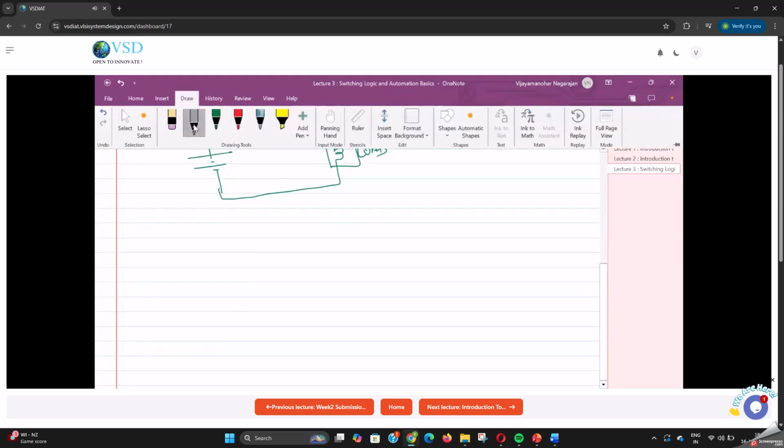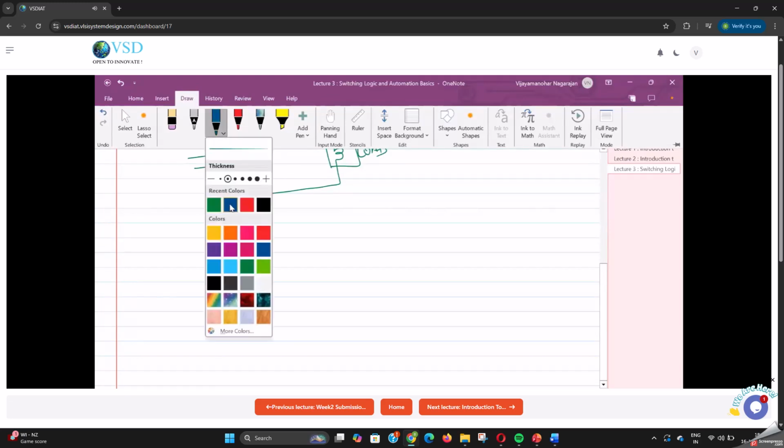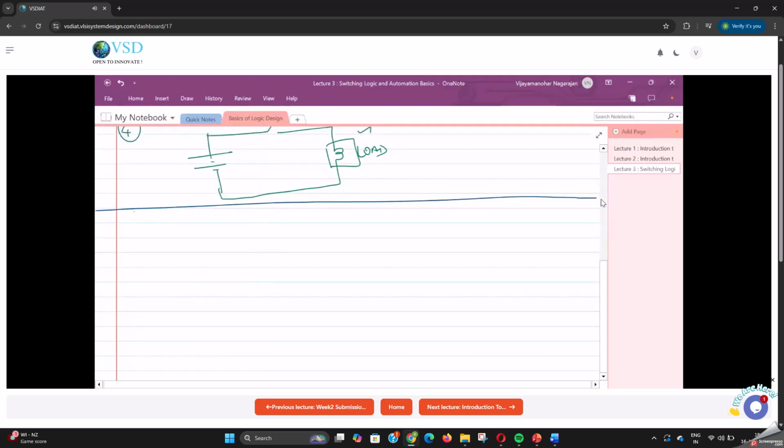Now we will discuss the fundamentals of automation. We are going to discuss something very, very interesting called fundamentals of logic design.